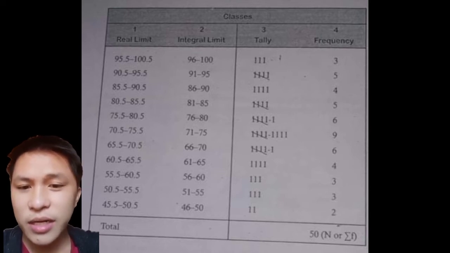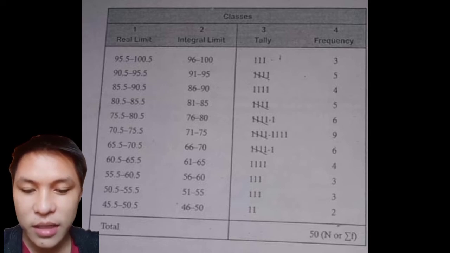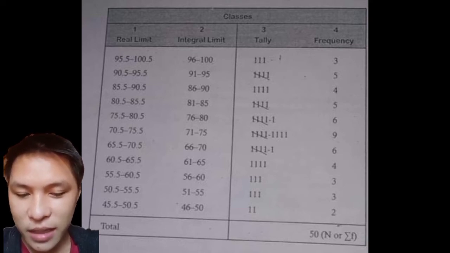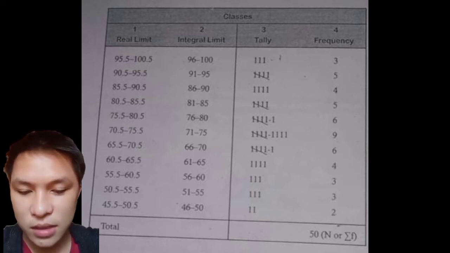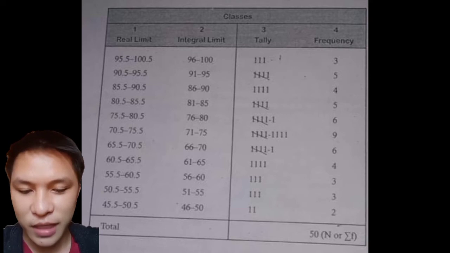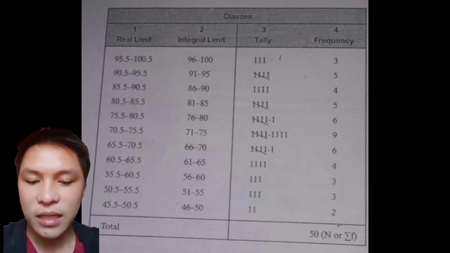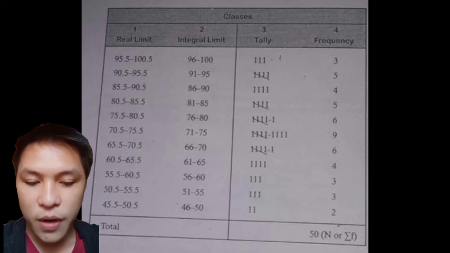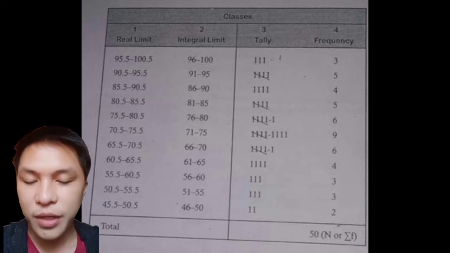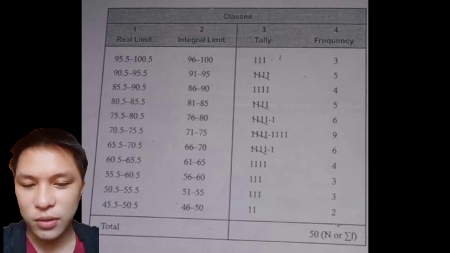Our integral limits are 96 to 100, 91 to 95, 86 to 90, 81 to 85, 76 to 80, 71 to 75, 66 to 70, 61 to 65, 56 to 60, 51 to 55, and 46 to 50. We have tallies of 3, 5, 4, 5, 6, 9, 6, 4, 3, 3, and 2.